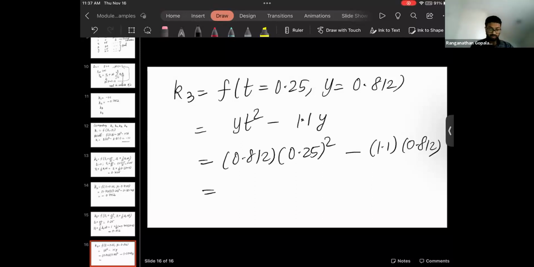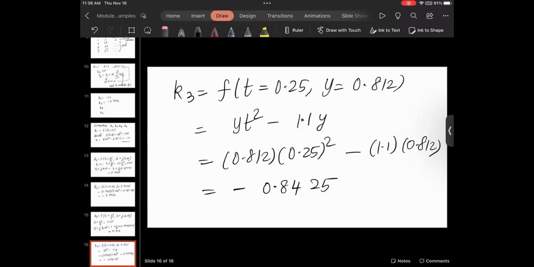So you need to compute that, which I am also attempting with my Excel sheet. 0.812 minus 0.8425. Are we getting that? Yes, Hunter? Okay, thank you. Yes. That's what I got.